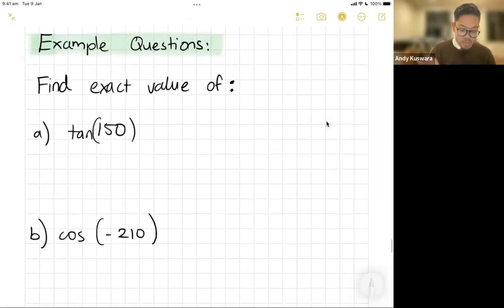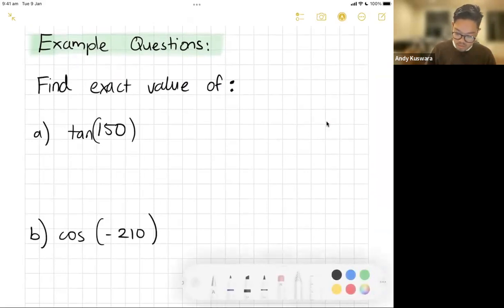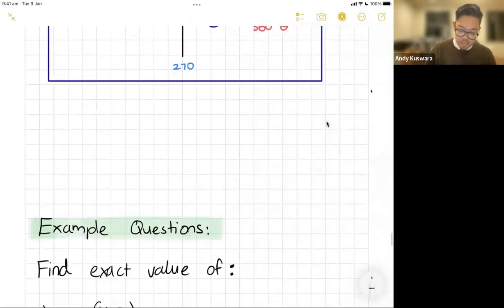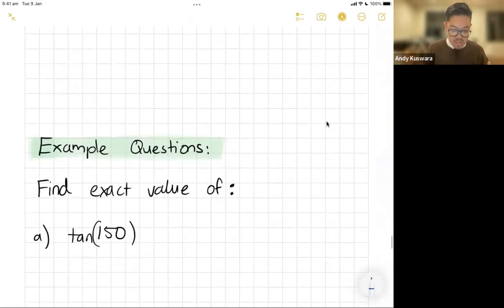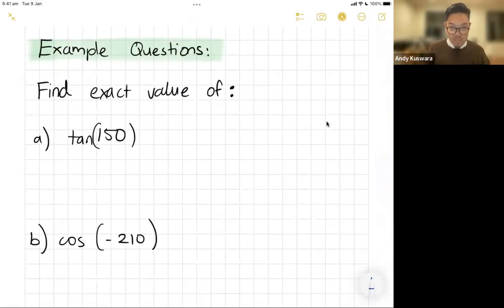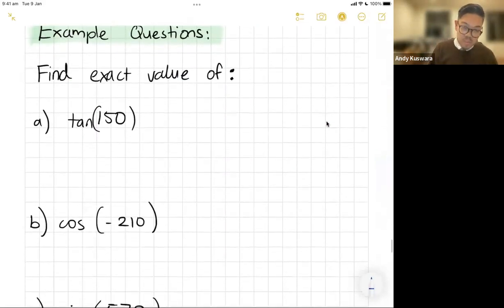Now, example questions, they'll say, find the exact value of tan 150. Okay, now this is where it's a bit of a big jump. I've given you a lot of understanding, a lot of notes. Now we're going to actually apply it to a question. So the first thing I'm going to do is draw this.